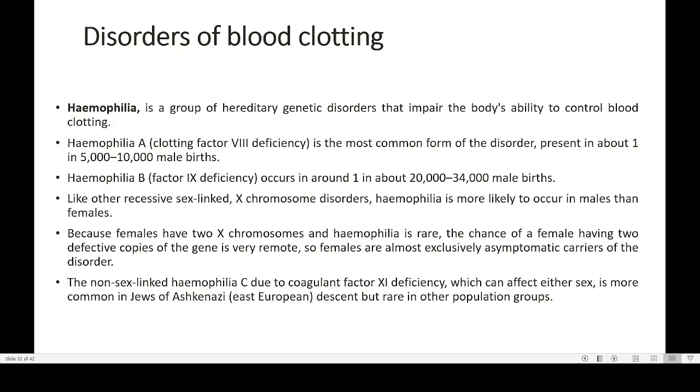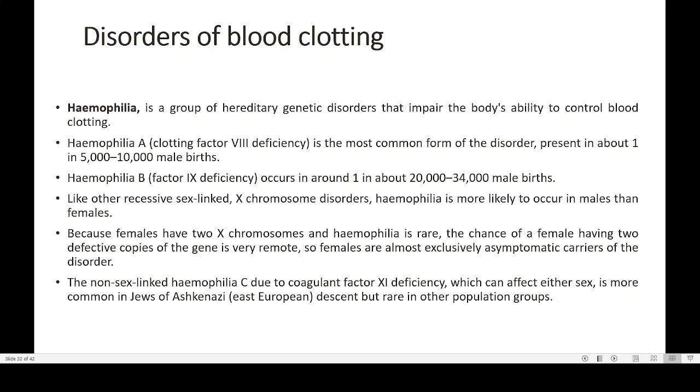So that is why men have a higher probability of this kind of genetically linked, X-linked chromosomal disorder. Like other recessive, recessive means you have studied about Mendel's genetics. Now in Mendel, for example, you might have studied about the pea plant, round pea plant and other types of pea plant. One gene will always be dominant, the other will be recessive.